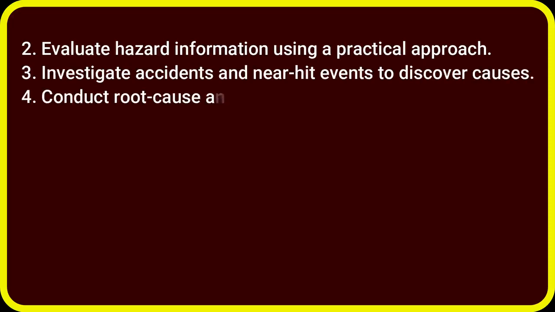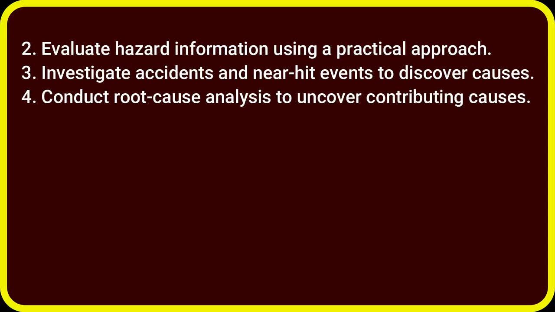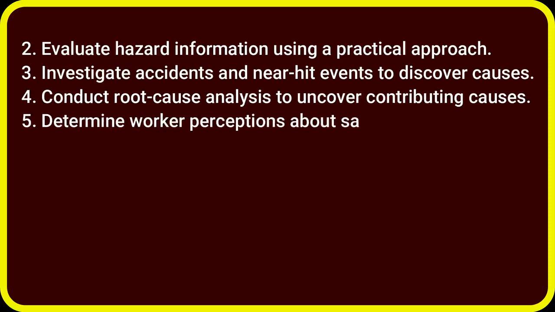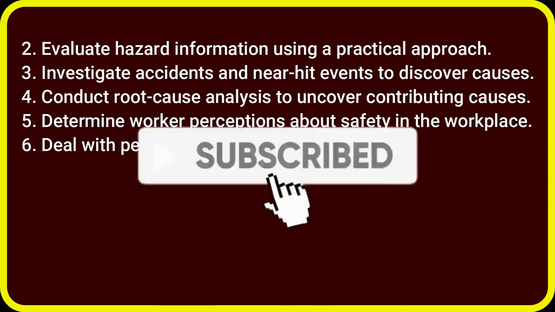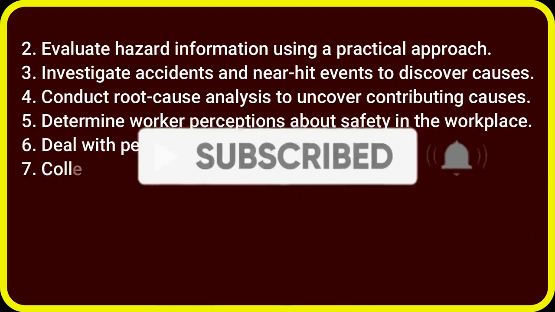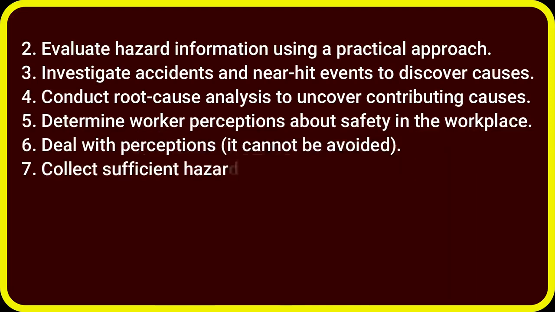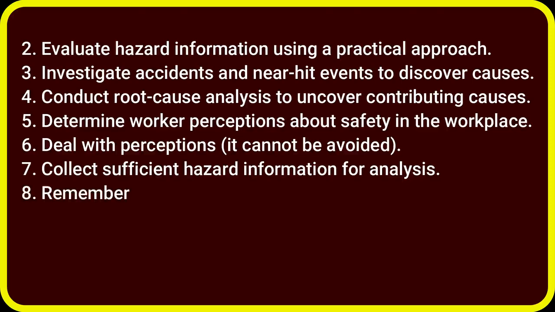Number four, conduct root cause analysis to uncover contributing causes and contributing factors. Number five, determine worker perceptions about safety in the workplace. Number six, deal with perceptions if they cannot be avoided. Number seven, collect sufficient hazard information for analysis.